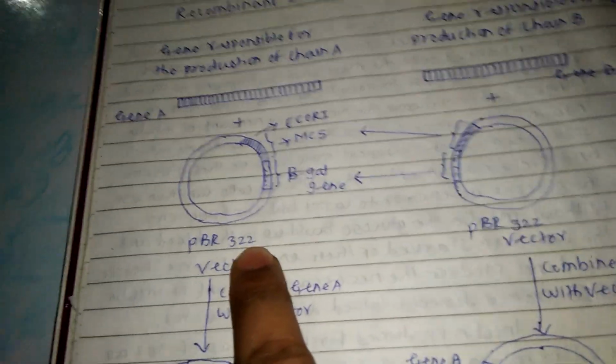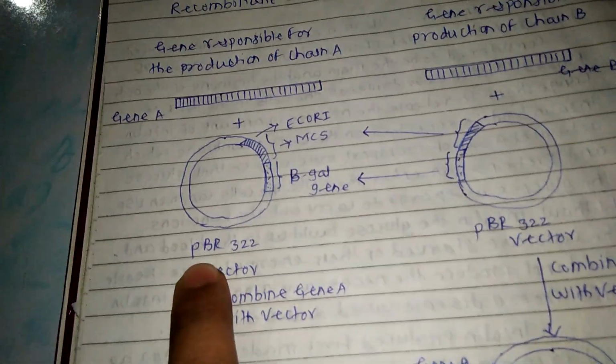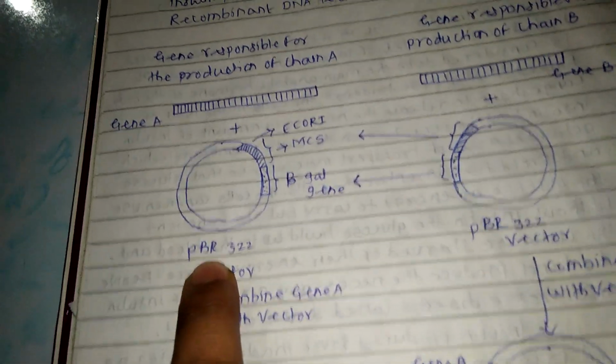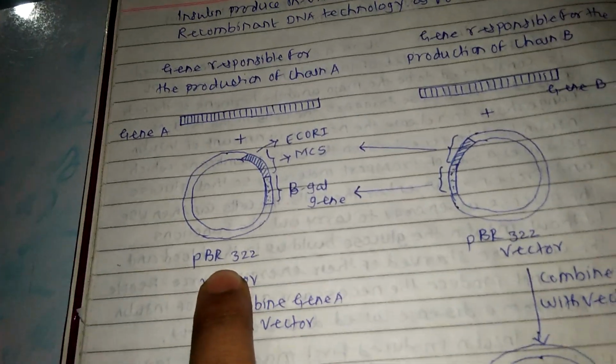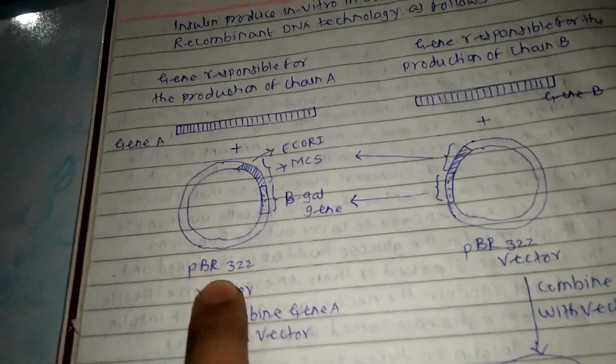Here the vector used is pBR322, you know the name of that vector. p stands for plasmid, B stands for Bolivar, and R for Rodriguez. This is the name of that vector.